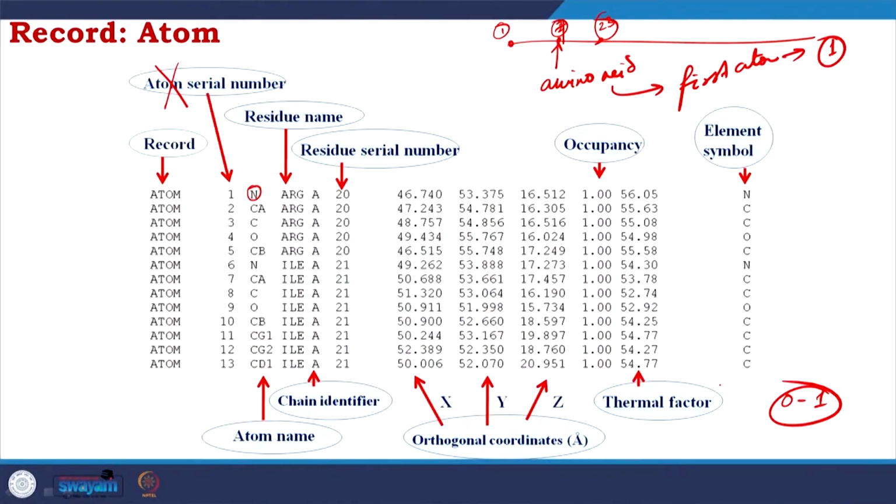If you remember, X-ray is diffraction, right? So, if your atom is here and it diffracts, when you calculate the electron density, you get electron density at one point. So, the probability of finding the electron density is 1. Occupancy is the probability of finding the electron density of the atom, ranging from 0 to 1. At lowest it could be 0, at maximum it could be 1.